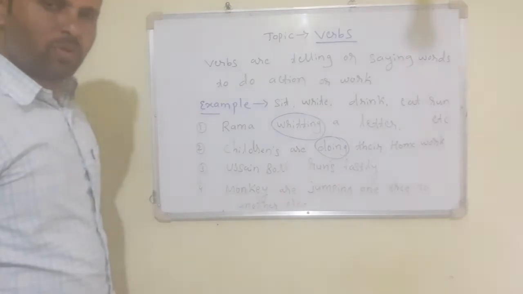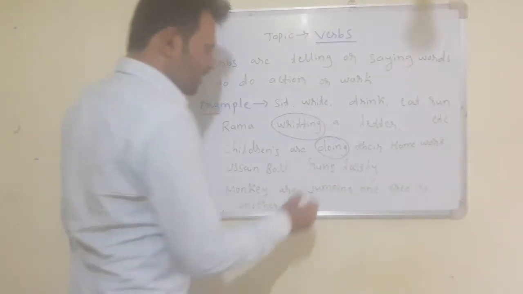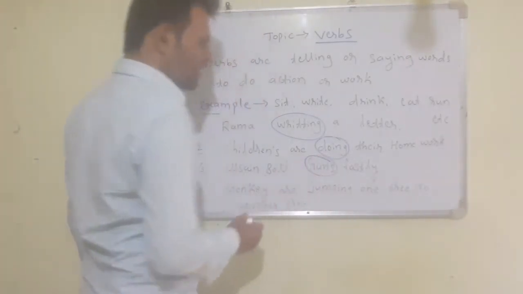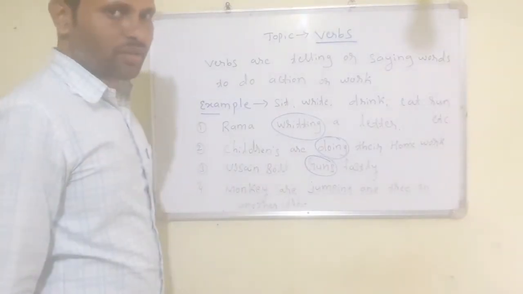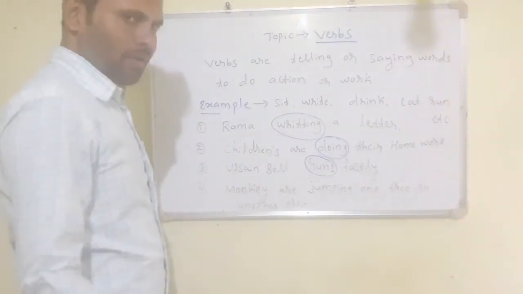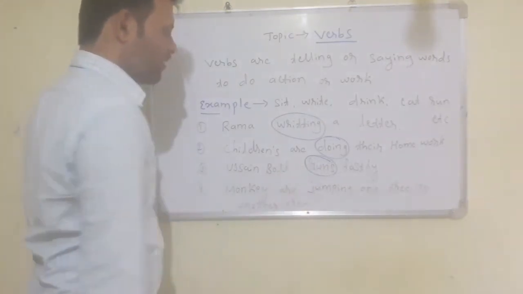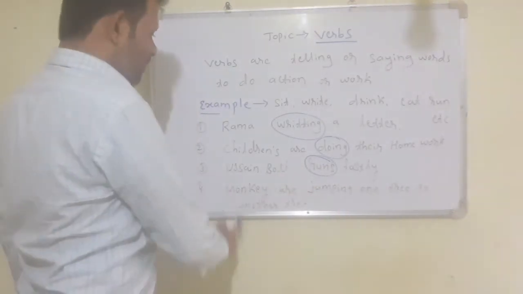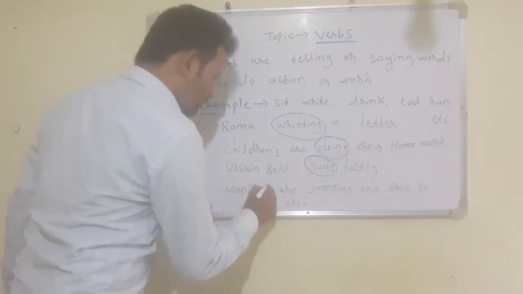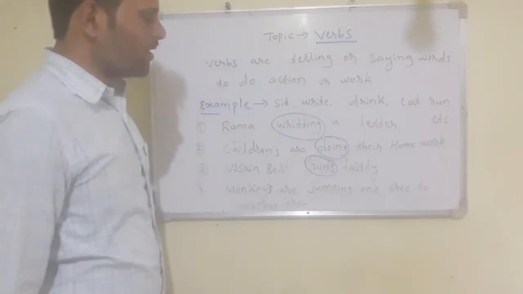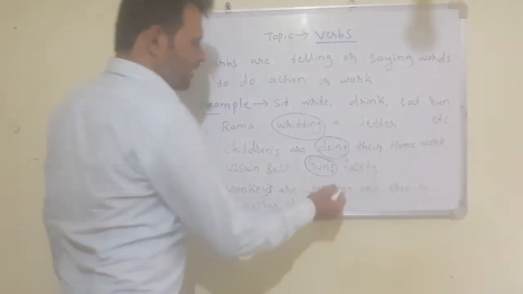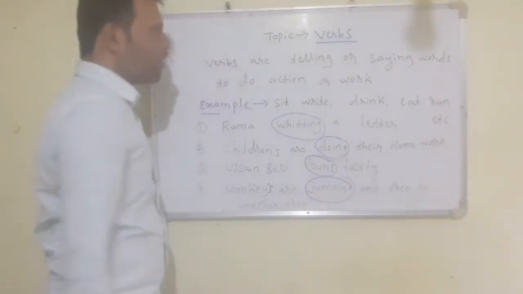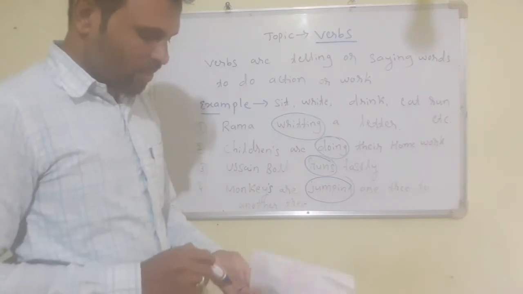Usain Bolt runs fast. What is he doing? He is running, an action. Monkeys are jumping from one tree to another tree. Here jumping is a verb.